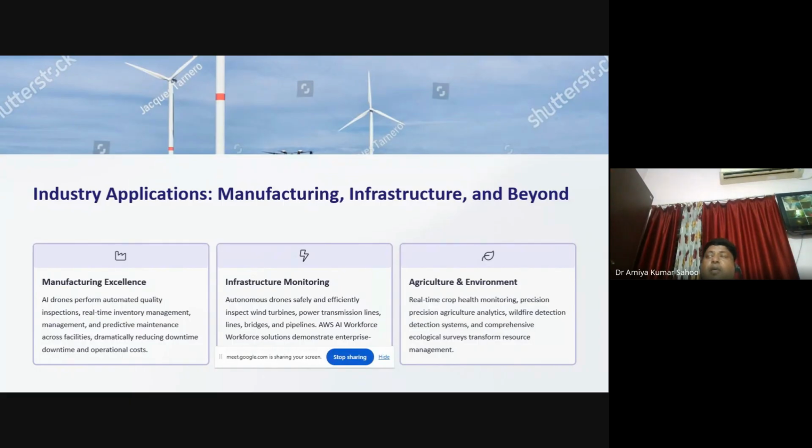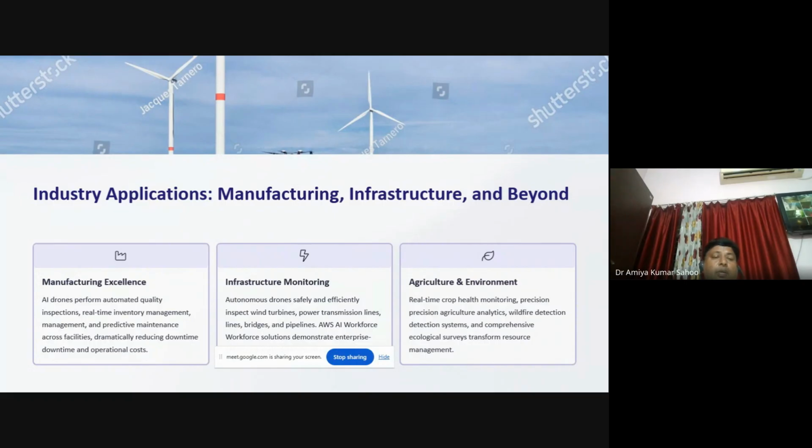For infrastructure monitoring, autonomous drones safely and efficiently inspect wind turbines, power transmission lines, bridges, and pipelines, demonstrating different enterprise solutions.